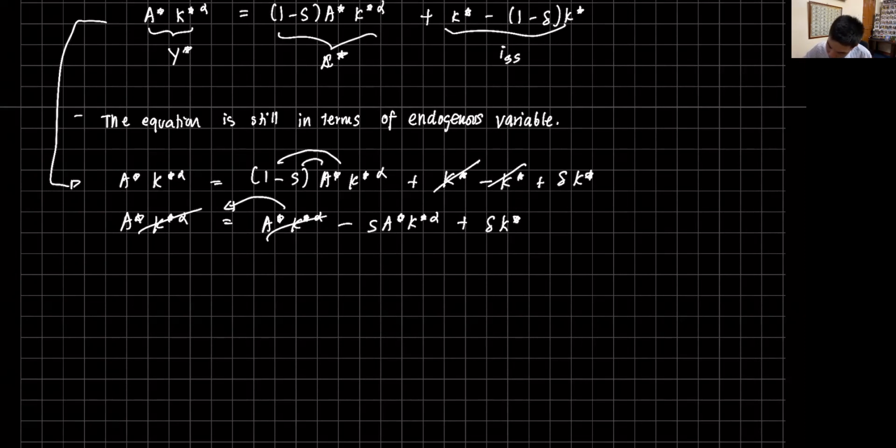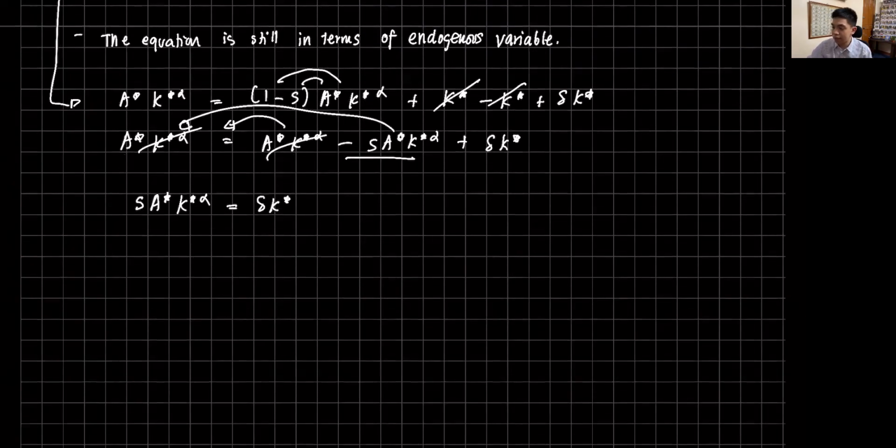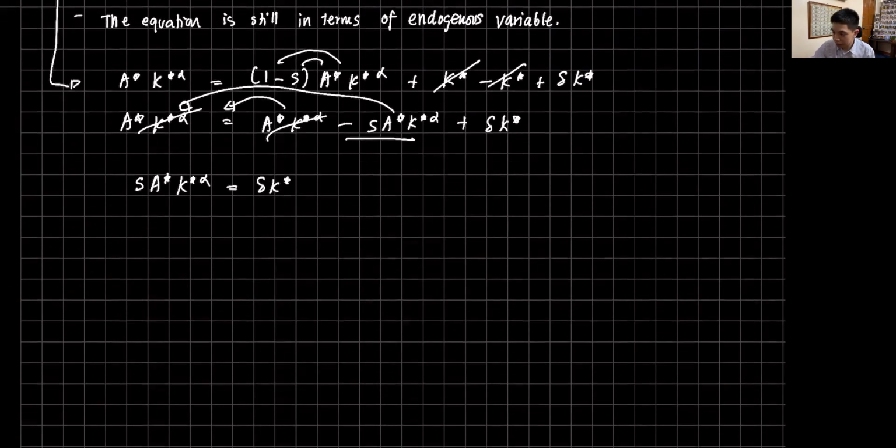So what I do now is I transpose this one to the other side. So I get positive S A star K star alpha equal to delta K star. Just so that I can make it a function of the parameters, let me divide both sides by K star. That takes out the K star here.